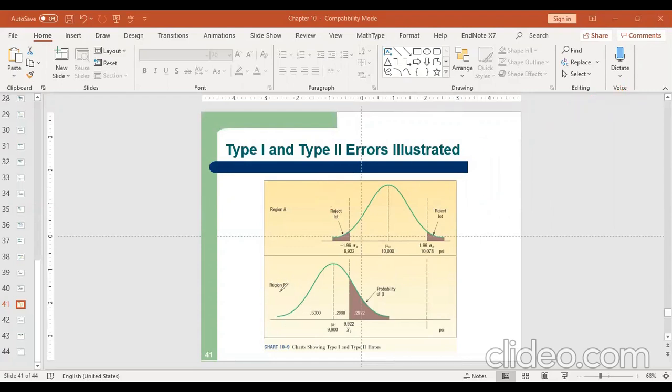So here in region B, we have the type 2 error plotted on a normal curve. If the population mean is 9,900, then the type 2 error will fall on the right side, because the cut point for acceptance of the lot is 9,922, which is greater than 9,900.